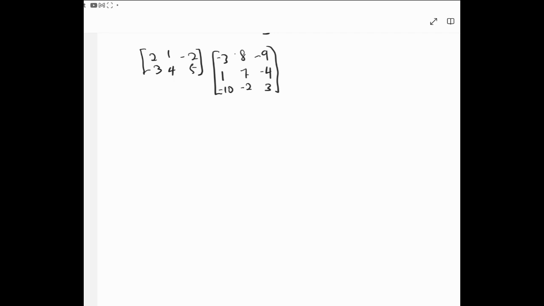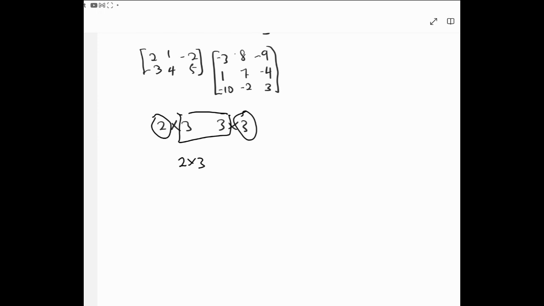So the first matrix is actually 2 times 3. The second matrix is 3 times 3. So just by looking at this, we know that they can be multiplied, and we also know that the last order of matrix that we're going to get is 2 times 3.